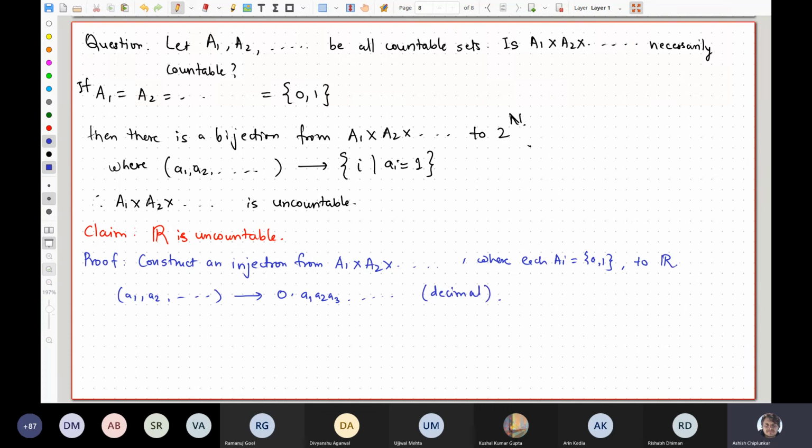Ramanuj, I'll come to you, but somebody mentioned binary. If I say that this infinite sequence A1, A2 and so on goes to the binary number 0.A1, A2, A3 and so on, I claim that this is not an injection. Why?